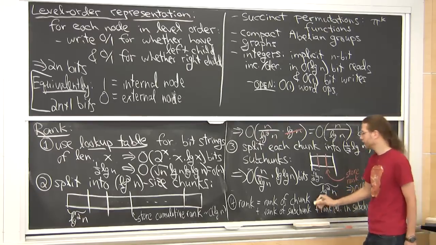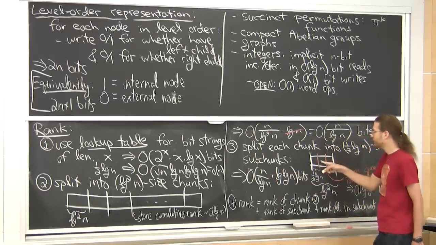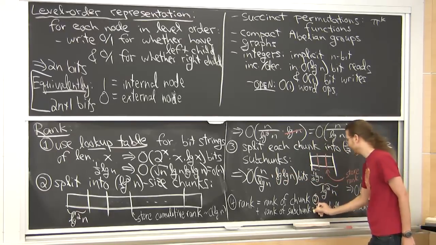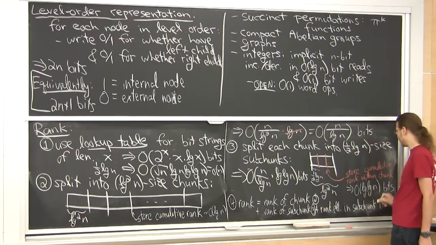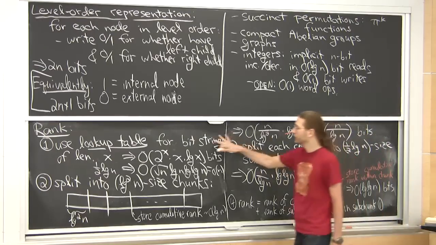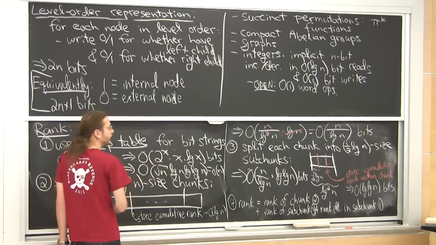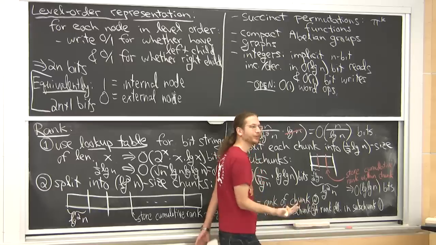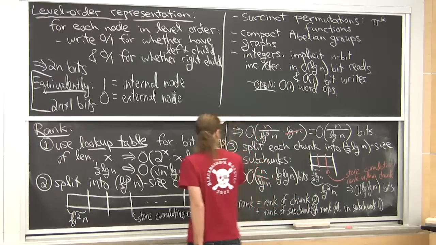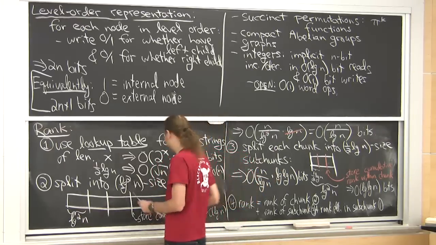The rank of the chunk is stored in the array known as 2. The rank of the subchunk within the chunk is stored in the array known as 3. And then to compute the rank of the element in the subchunk, you use the lookup table, which is essentially telling you for every possible subchunk what the answers are. So 3 times a constant is a constant. And we get rank in constant time, and n log log n over log n space.